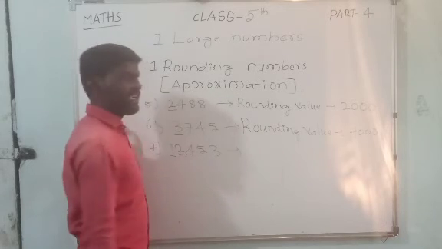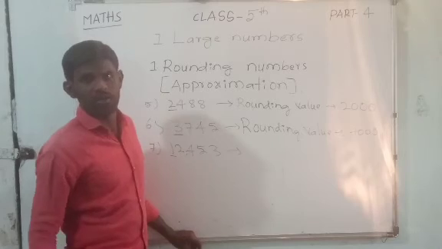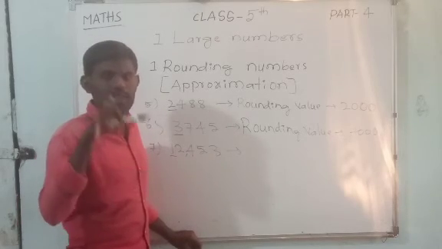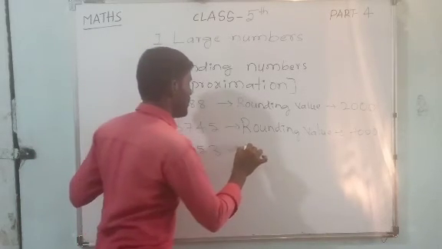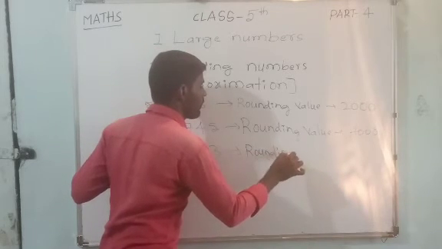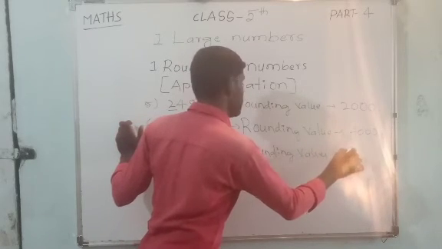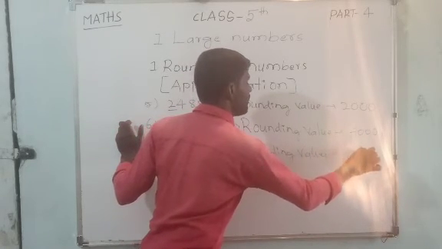The number present in the 1000 place is 2, which is less than 5. That's why keep as it is. Rounding value is that is 10,000 itself, dear children.